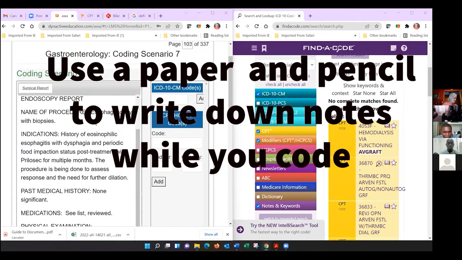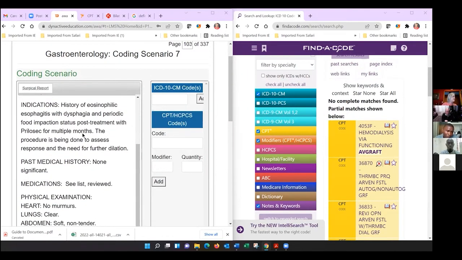All right. Then my indications, this patient's got a history of, now I might not know how to pronounce all the words, but you should be able to read the screen. Eosinophilic esophagitis with dysphagia and periodic food impaction status post-treatment, and he's been on Prilosec for multiple months.